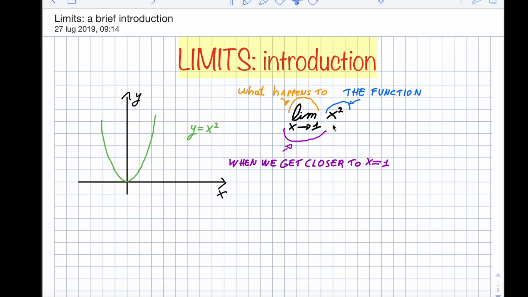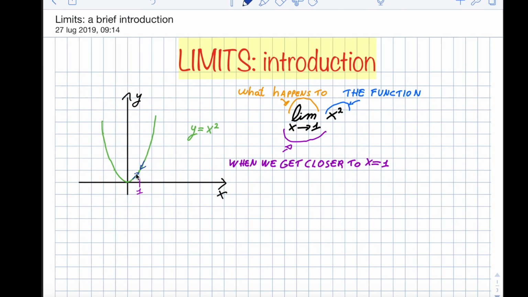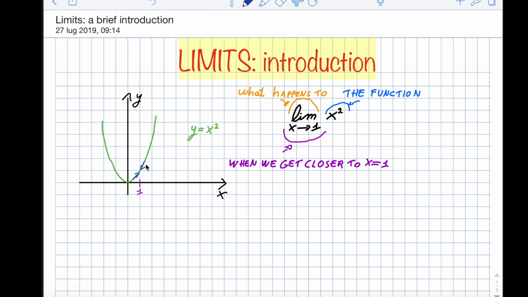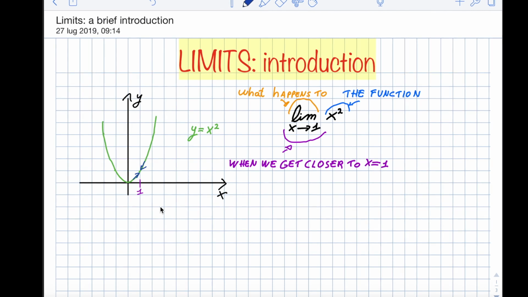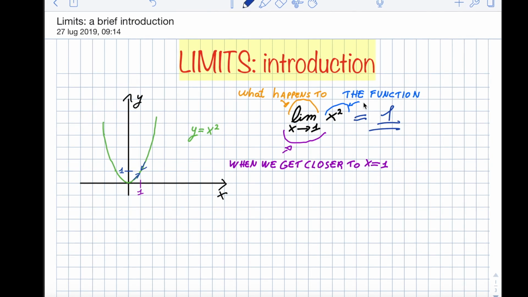To answer this question, let's imagine walking along the graph toward the point x equals 1, which is this point. You see that if I get closer to 1 either from the left or from the right, the y points of the graph tend to be 1. And therefore, we say that the limit for x approaching 1 of the function x squared is exactly 1.